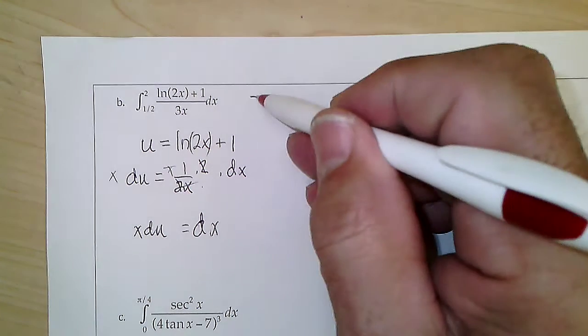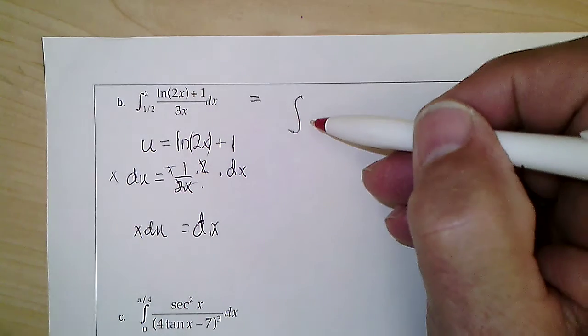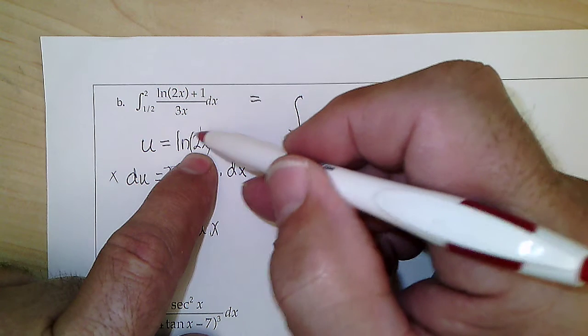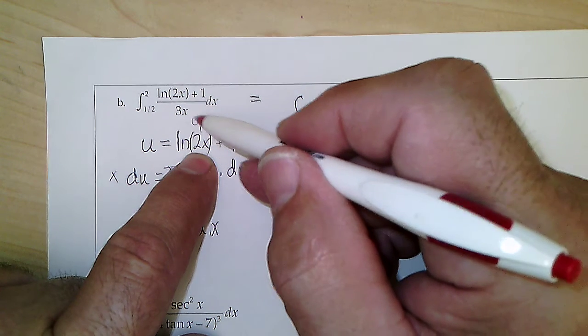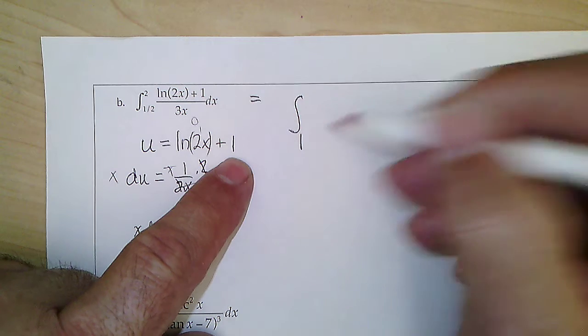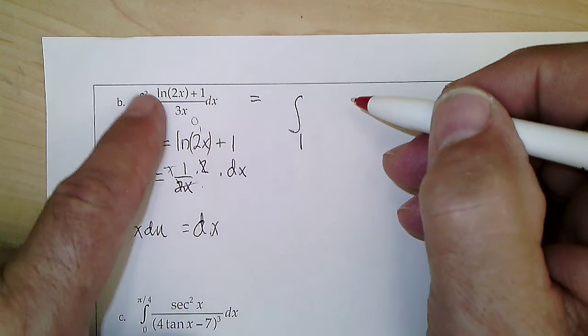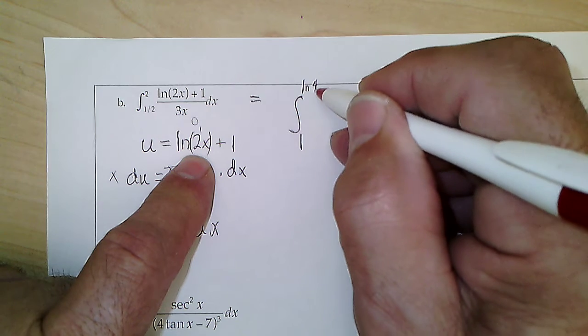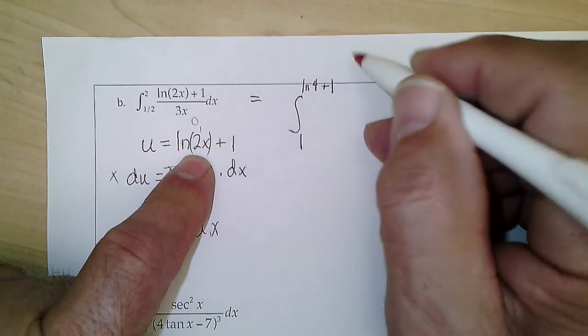So this problem becomes the integral, 1/2 in here. 1/2 times 2 is 1. ln of 1 is 0 plus 1 is 1. If I put 2 in here, I get ln of 4 plus 1.